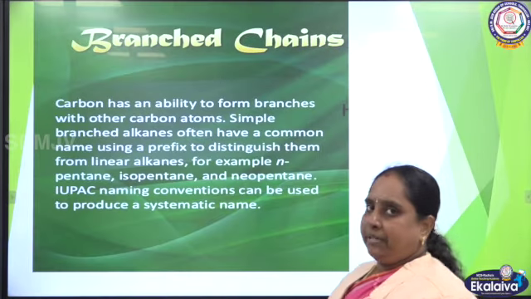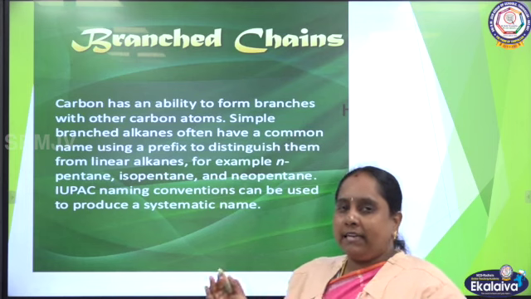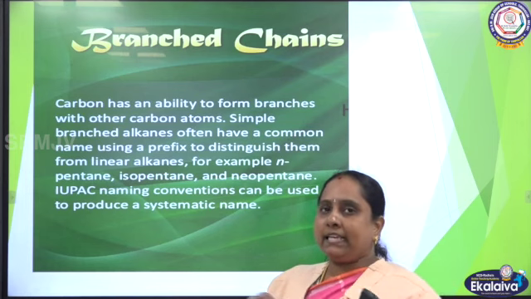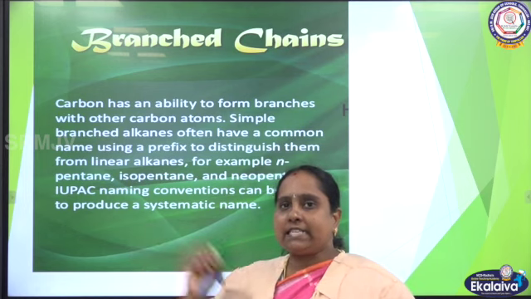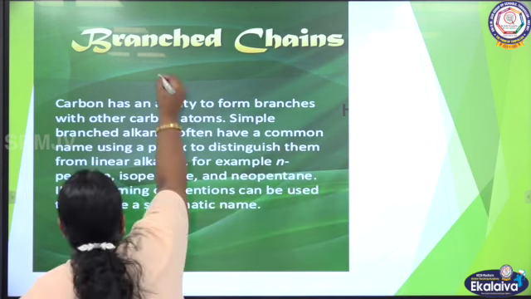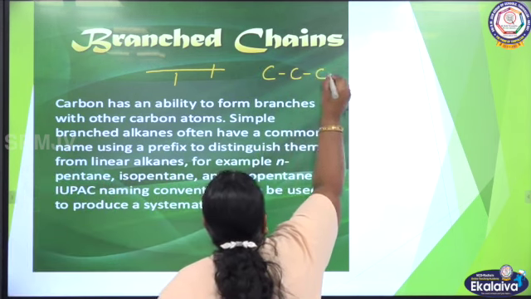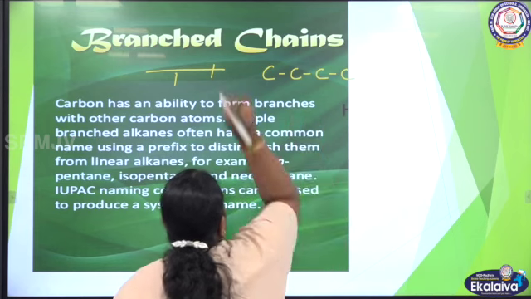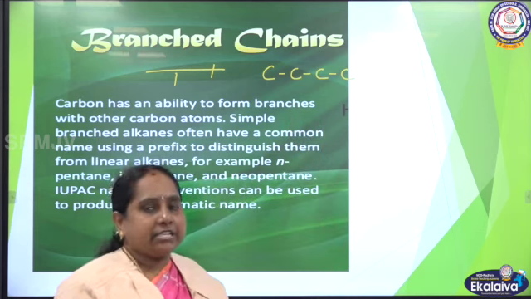Next, branched chain. What is called a branched chain? There will be some change in the carbon skeleton. Straight chain means it will have a linear skeleton. Whereas if it is a branched skeleton, then the linear chain will break up and form a substituent. If the carbon compound contains 4 carbon atoms, in case of a branch, a branch will be formed like a tree. You could have seen branches in a tree like that.